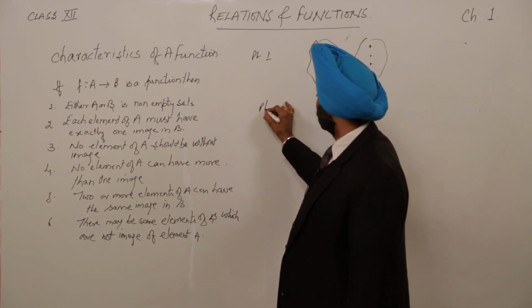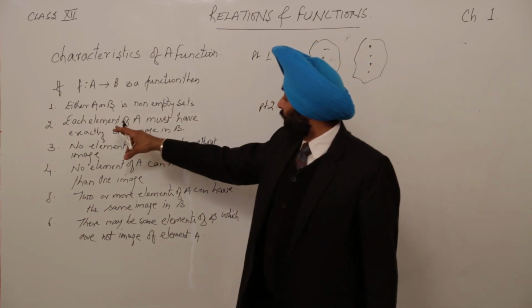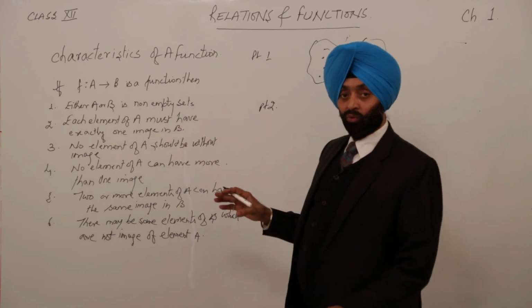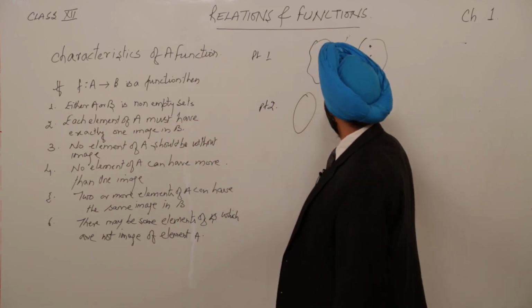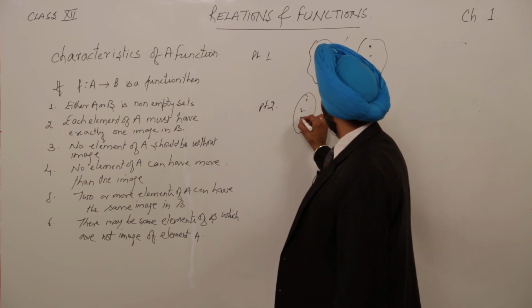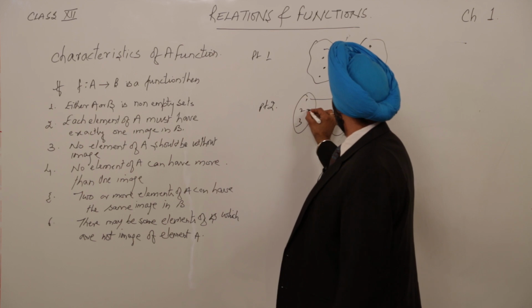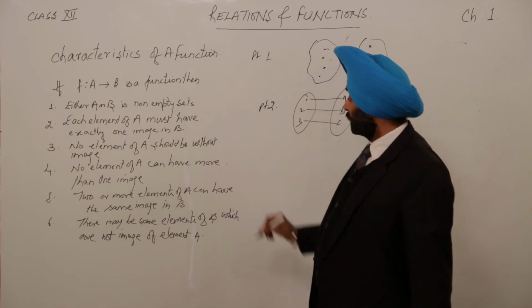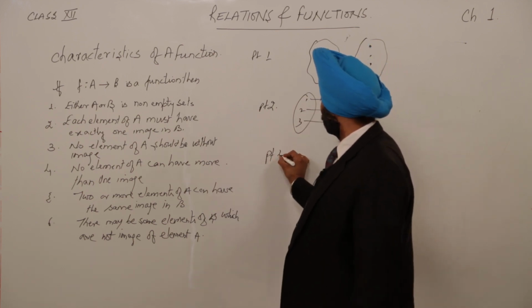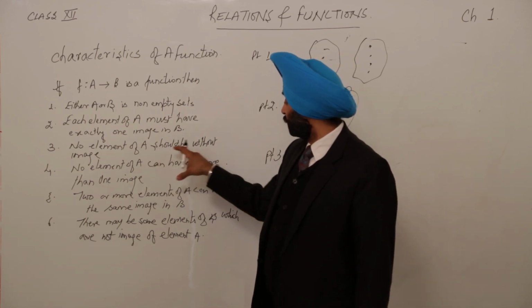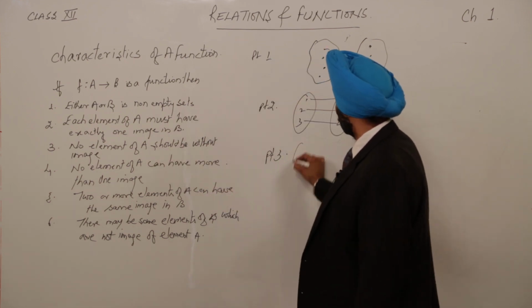Point 2 is each element of A must have exactly one image in B. We can have 1, 2, 3, A, B, C. So, this one. Point 3, we are having no element of A should be without any image.